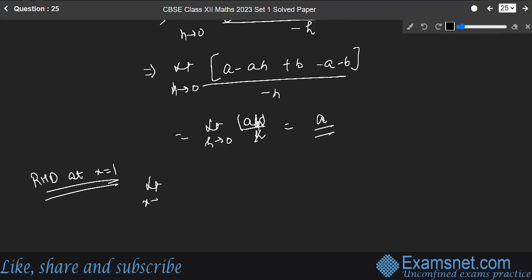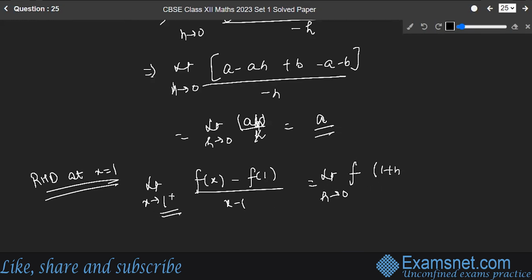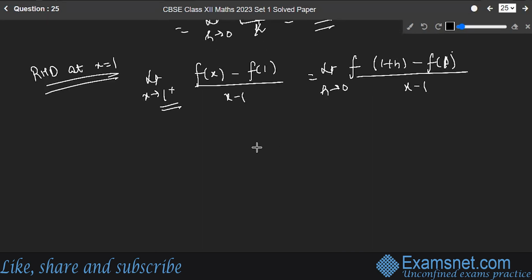This makes limit x approaching 1 plus, f(x) minus f(1) upon x minus 1. This is equal to limit h approaching 0, f of (1 plus h) minus f of 1, upon x minus 1. So that is equal to limit h approaching 0, f of (1 plus h).